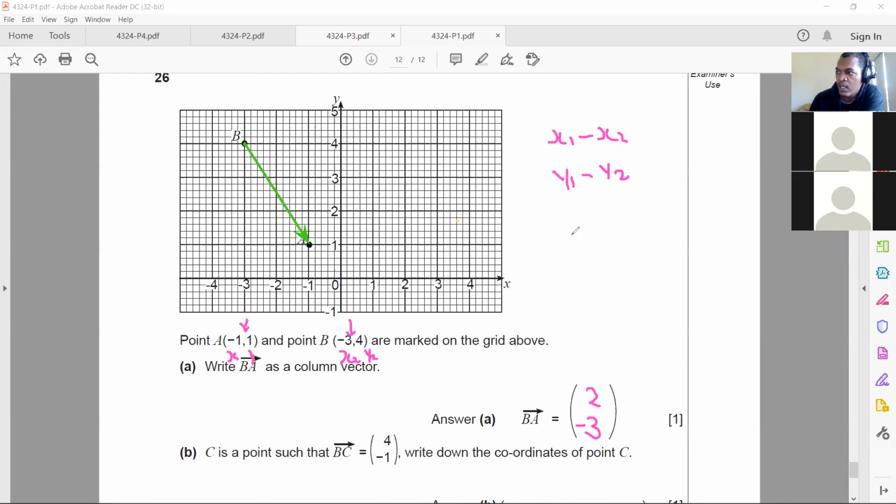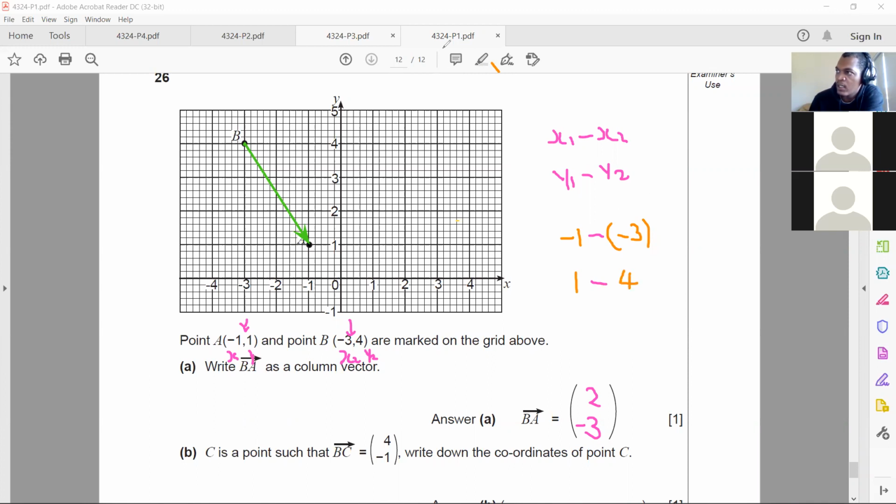So for my X1, I have a -1. And then the sign that we use is a minus, okay? And then for X2, I have a -3. Remember I always said if you get minus minus, put the other one in brackets so that we can at least see the differences there. Then for Y1, I have a 1, minus, for Y2, I have a 4.